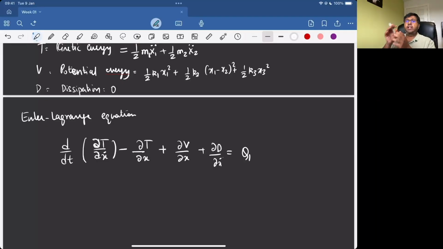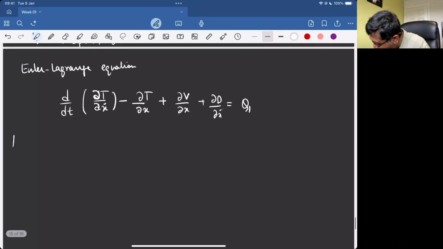T is nothing but our kinetic energy, V is nothing but our potential energy, total of the system, D is nothing but the total dissipation in the system. And Q is nothing but any external forces that are acting, here our forcing function. We can use this equation to calculate for both the masses.